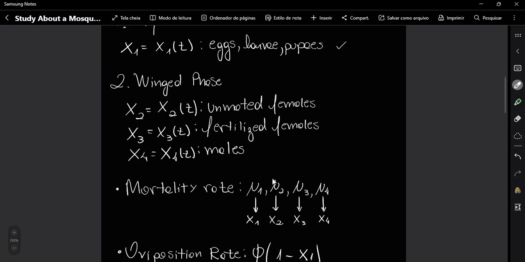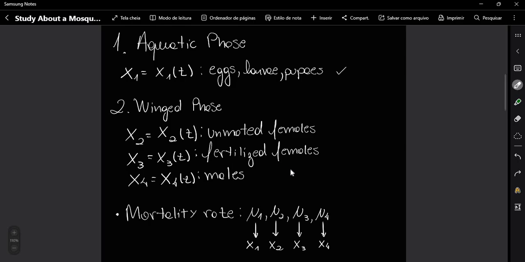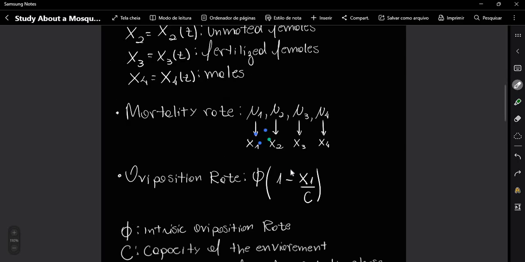We got the variable x3, which represents the fertilized females, and the variable x4, which represents the males. And as you can see, we are working with time: x1 of t, x2 of t.